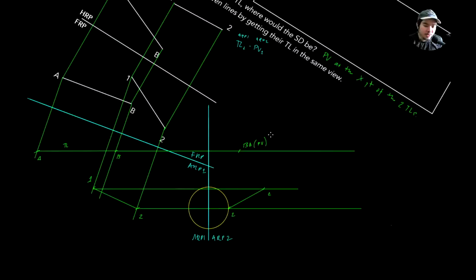Now, let's just imagine, no? Kung i-continue natin to, so we create ARP3. Kung gusto natin mag-create ng ARP3 pa, if we create ARP3, then the next line that we create, or the next na parang true length, is the true length of line 2.